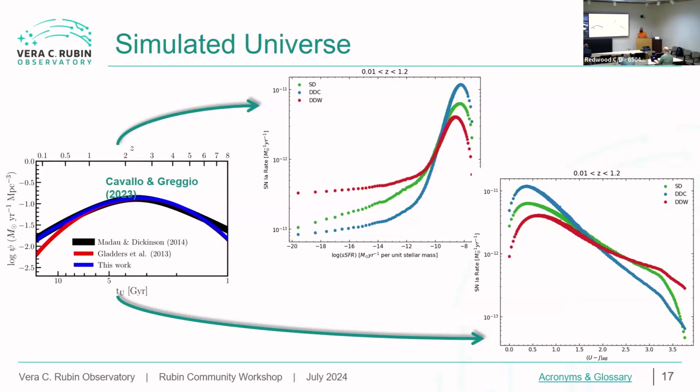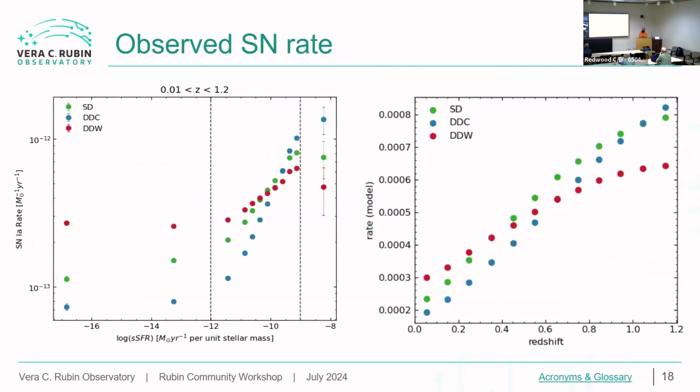So as we have all the information for the different progenitor models, you can plot the rate, for instance, as a function of the specific star formation rate, and as a function of galaxy color. And you can see that there are regimes where you possibly could try to understand if you can distinguish between the progenitors. And these are just examples of true observed rate with the uncertainty on this side. And these panels are just distinguishing the regions of passive, star-forming and starburst galaxies.